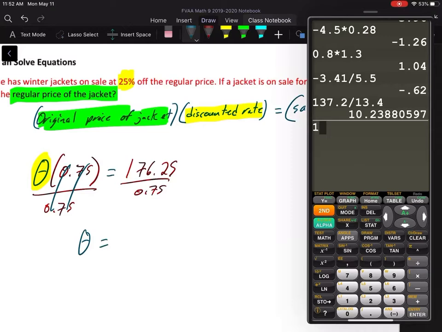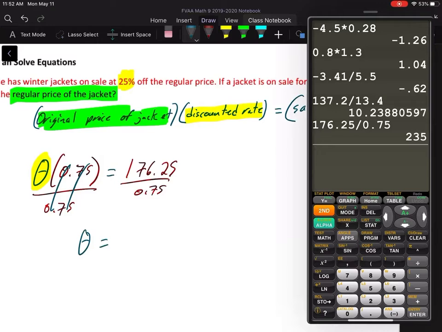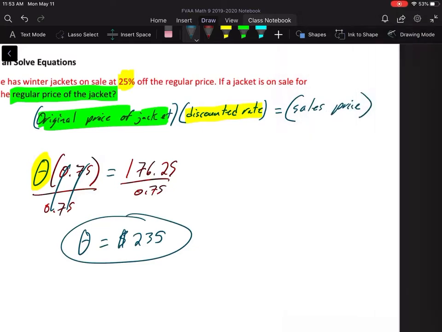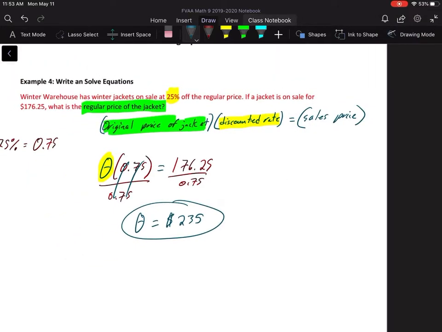Then I just plug it into my calculator. 176.25 divided by 0.75. And I get the original price of the jacket, which was $235 for the original jacket. Okay? So that's how you solve a question like that.